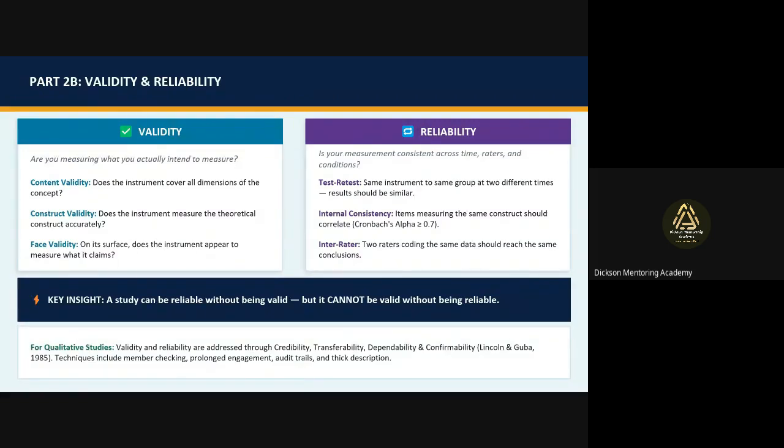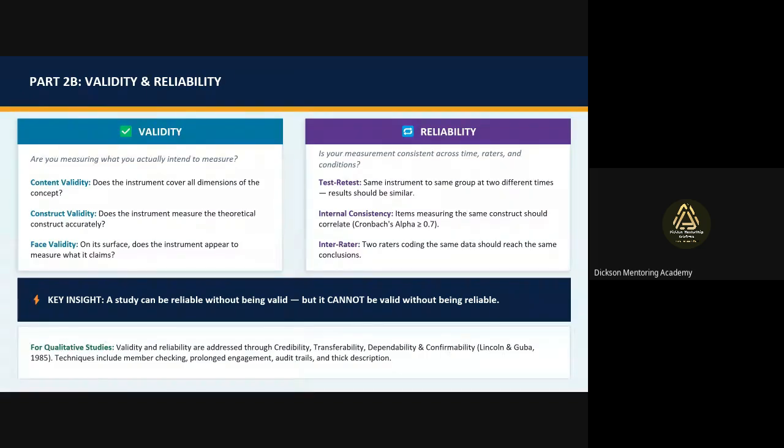Then talking about reliability. Reliability asks the question, is your measurement consistent? Is it consistent across time, raters, and conditions? The types of reliability are test-retest: same results over time. The same instrument given to the same group at two different times should produce similar results.